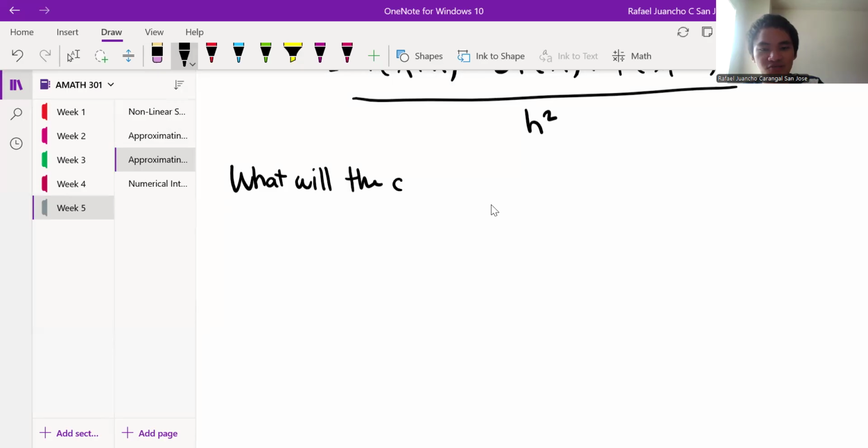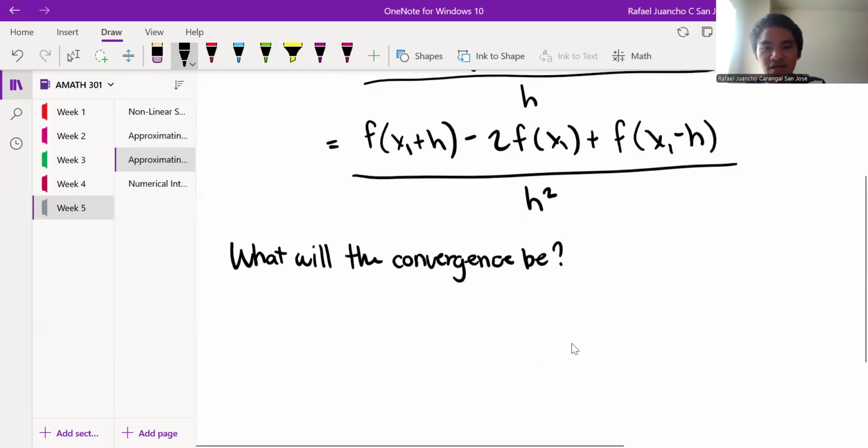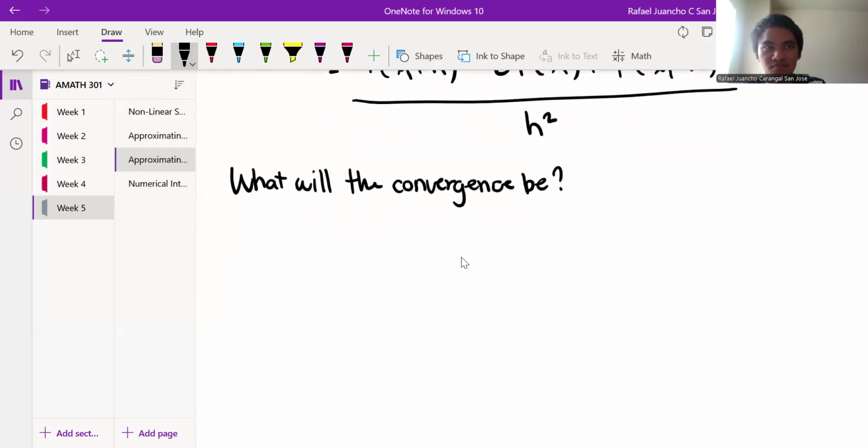Previously, when we approximated derivatives, we got a convergence rate of 2, right? Which is quite a bit faster than the limit definition without the limit. So here, let me go ahead and do this. This is my first term, right?